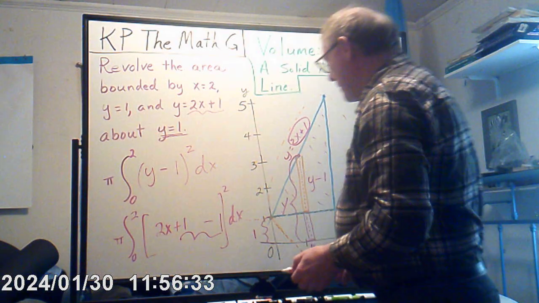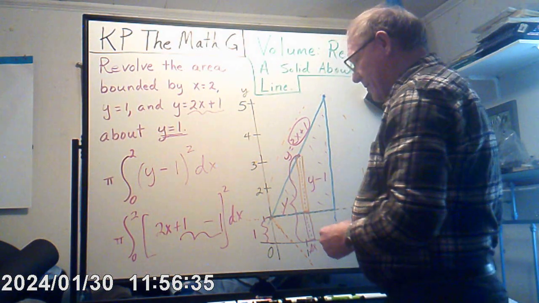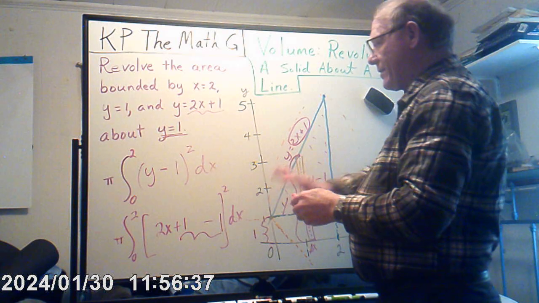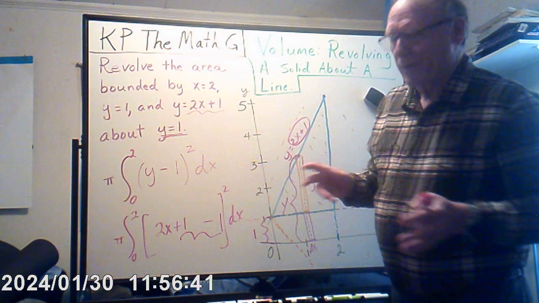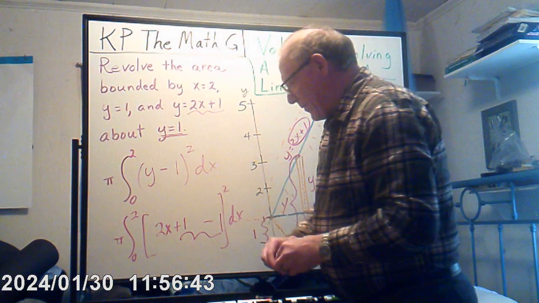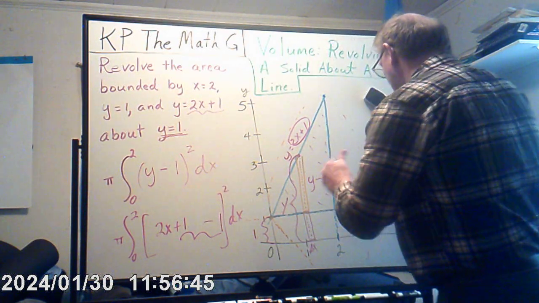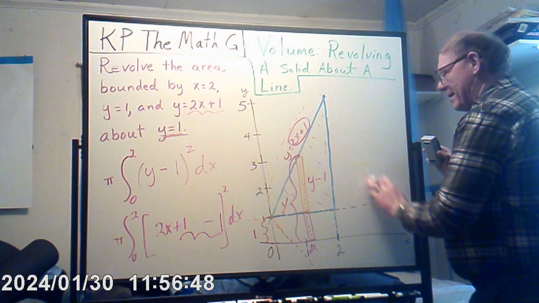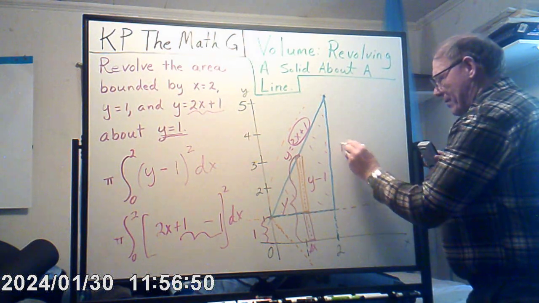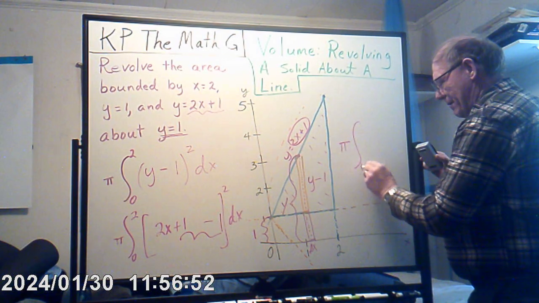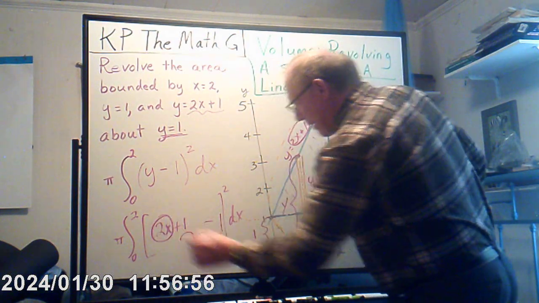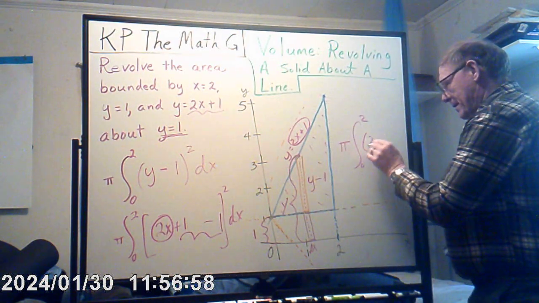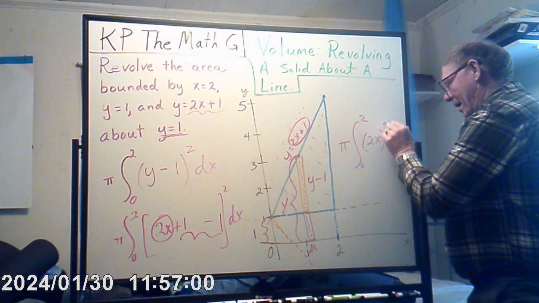This is why I didn't want to do two problems. I can flip the board over now, and I'm going to put it over here so we can see it, and I'll flip it over in just a minute. Pi, 0 to 2. What's left now? 2x. Now don't forget to square that.